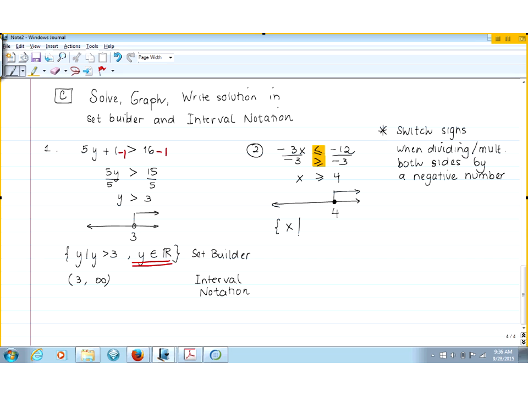My set builder? x such that x is greater than or equal to 4. And my interval notation? 4 to infinity. So 4, bracket or parentheses?